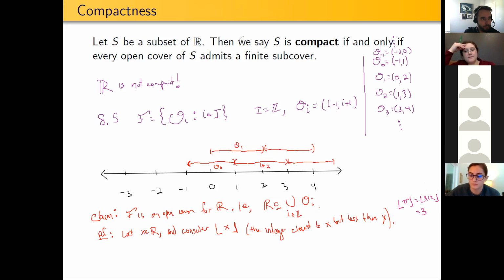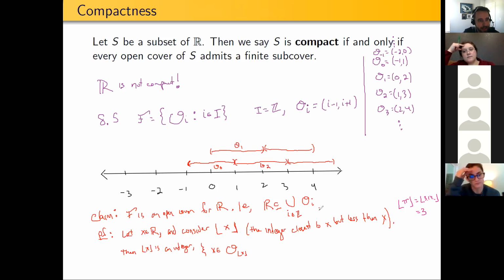And if we take the floor of x, then we know that the floor of x is an integer, and x itself is an element of O sub floor of x. It'll be an element of that open set.